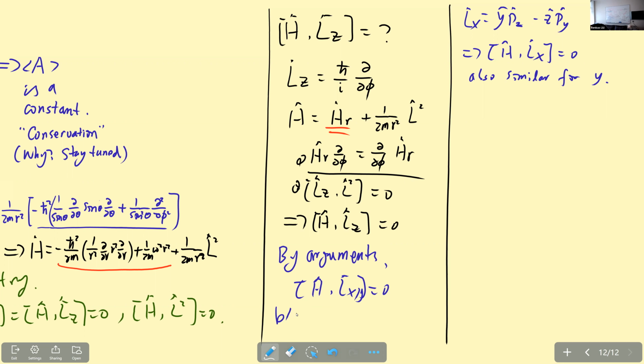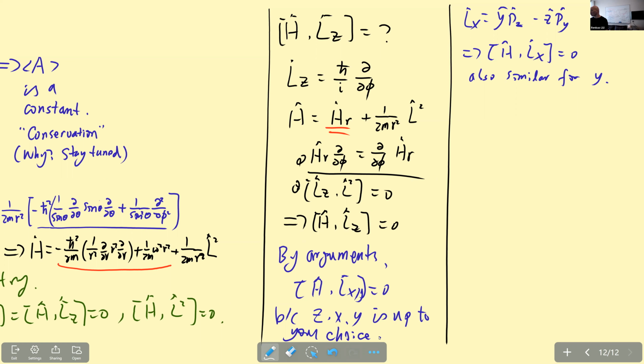That's because x, y, z is up to your choice. So if the Hamiltonian commutes with Lz, it also should commute with Lx and Ly, if the Hamiltonian does not explicitly depend on x, y, and z. Okay, so that's the simple argument.